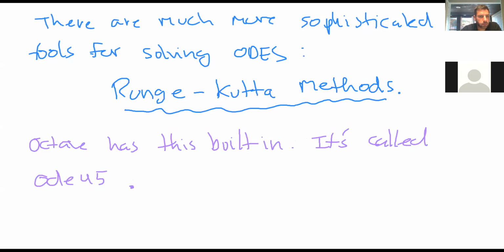Notice I use the plural, methods. There are many different ways you can do it. One of the more common ones that converges to the precise solution rapidly is ODE45. So you can Google that term and read about it. It's a MATLAB thing, so it works on Octave.